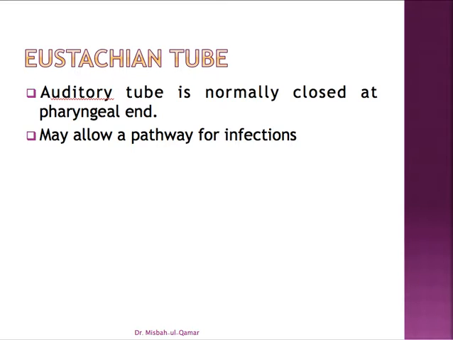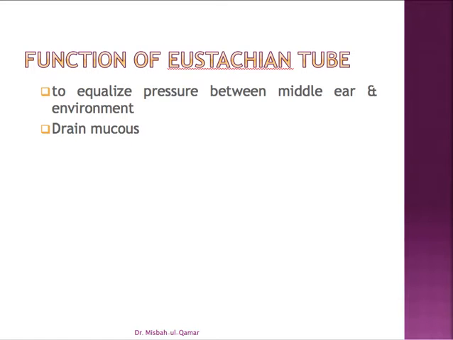But these children grow out of most of the middle ear problems as the face enlarges and the tube lengthens and becomes more vertical. What is the function of the eustachian tube?